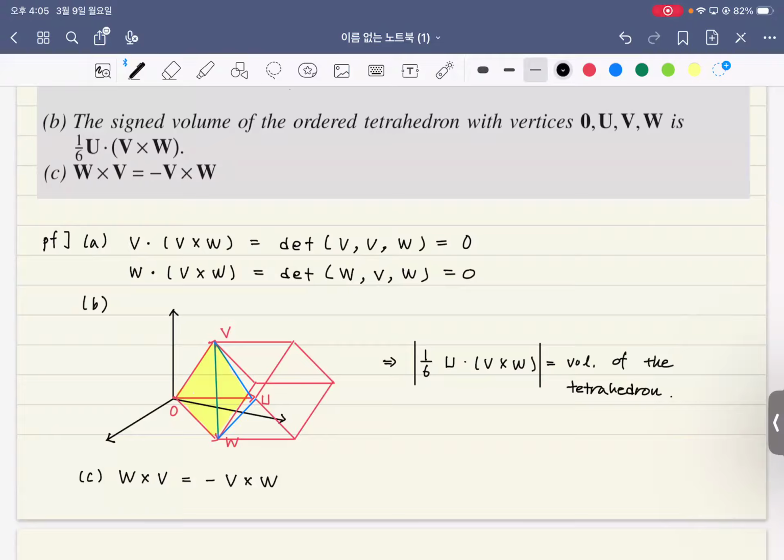But the first slot is always fixed. Therefore, if you interchange the order of these two vectors, that will change the sign of your resulting vector. That is why this cross product is anti-commutative. Great.